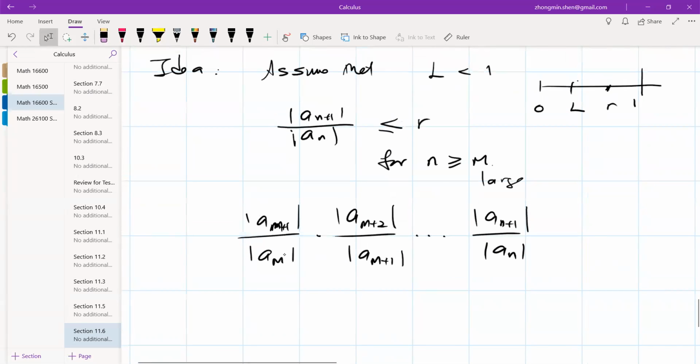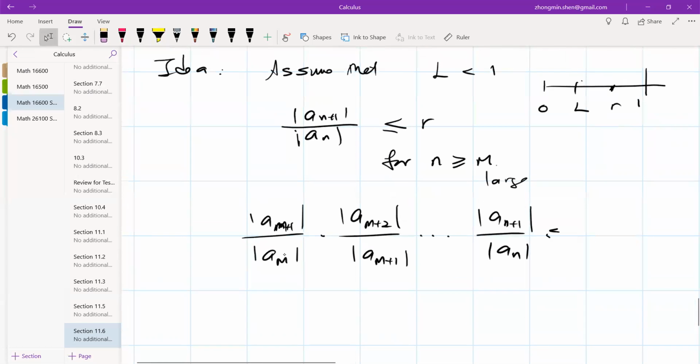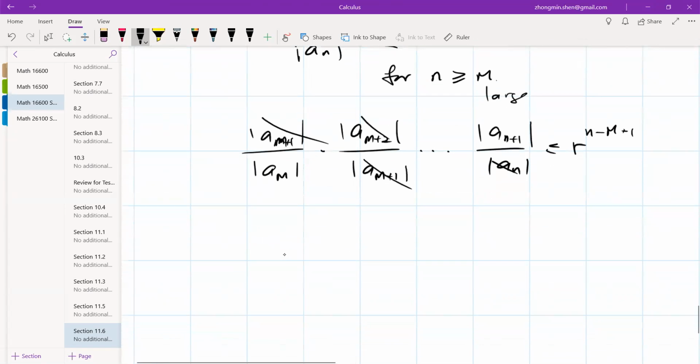You multiply them out, each of the ratios will be less than or equal to R. So it's R to the n minus capital M plus 1. But all the terms here cancel out.